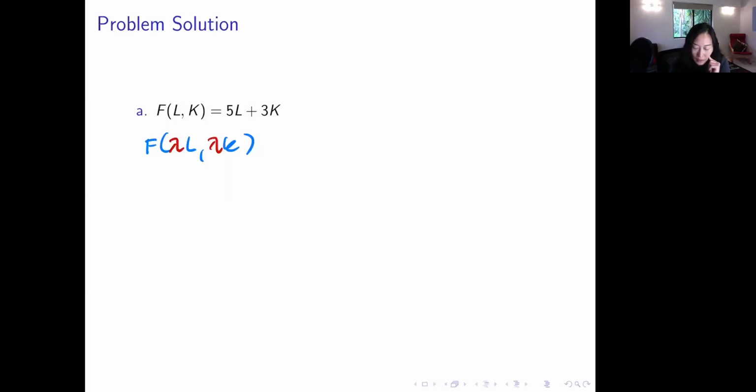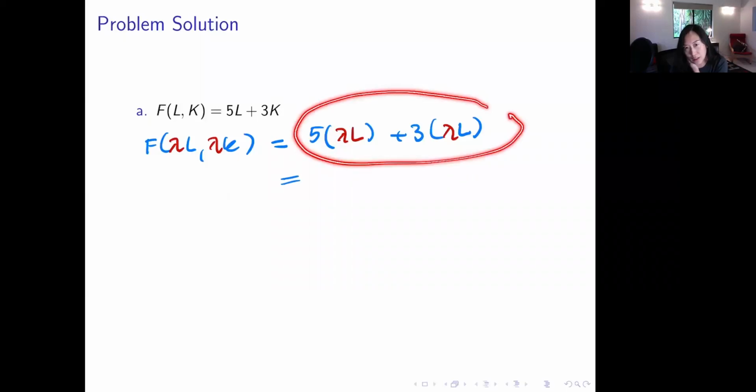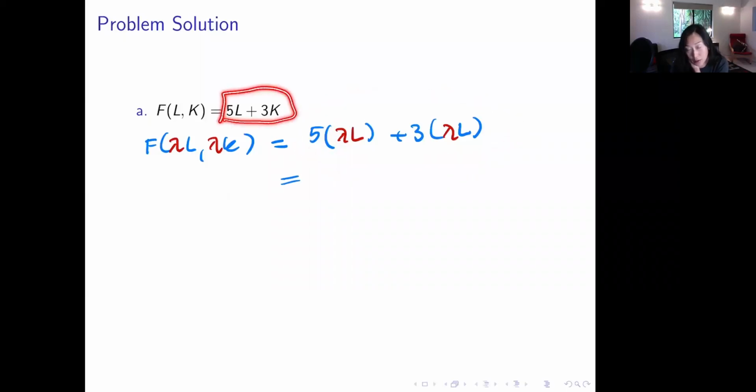Therefore my function would become lambda L plus 3 times lambda K, because if I put 2 instead of lambda, then it's not that clear when I use just a particular number. With this, I want to rearrange the term so that it looks like the original function 5L plus 3K, right?